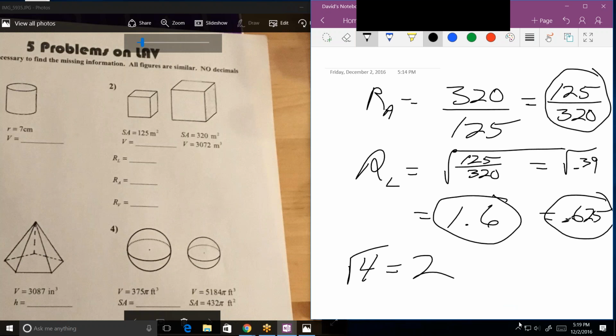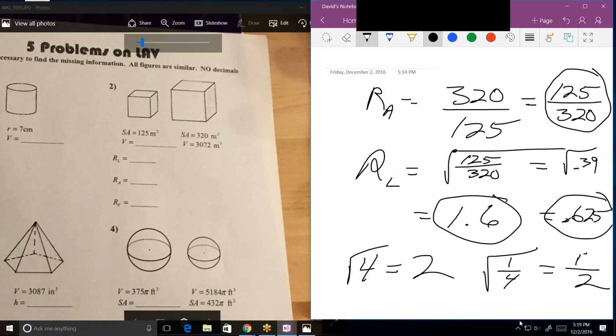What's the square root of 1/4? 1/8. See? It's 1/2. When you take the square root of a number smaller than 1, it gets bigger. 1/2 is bigger than 1/4.